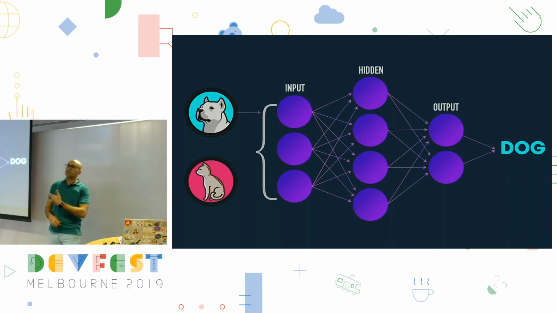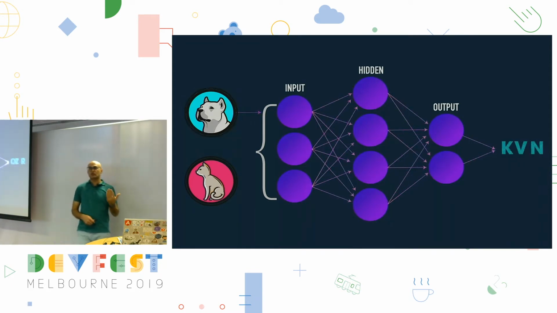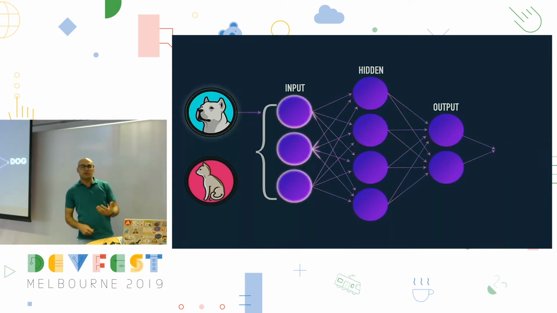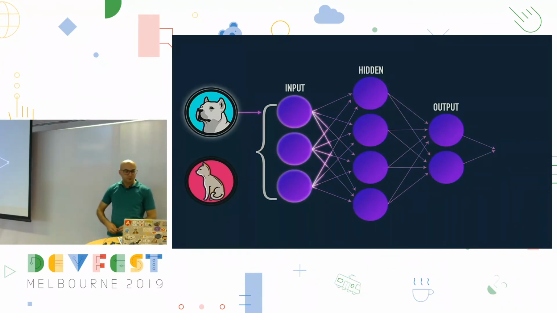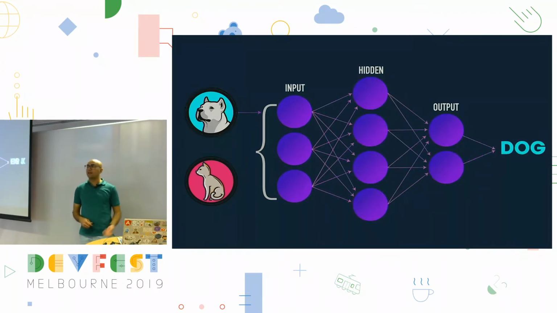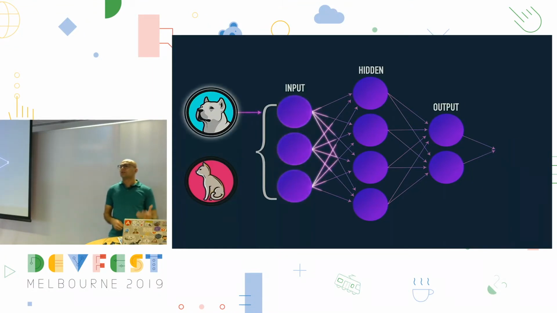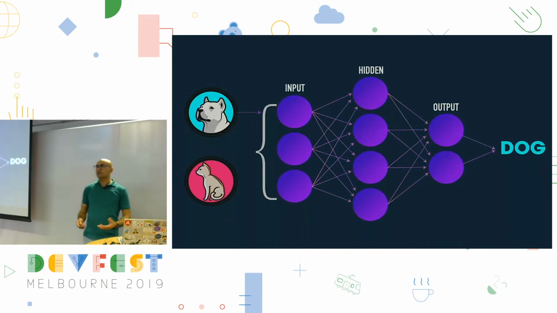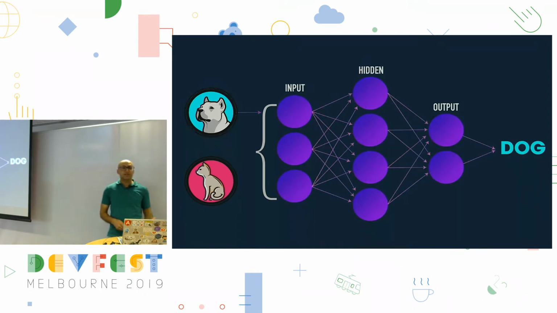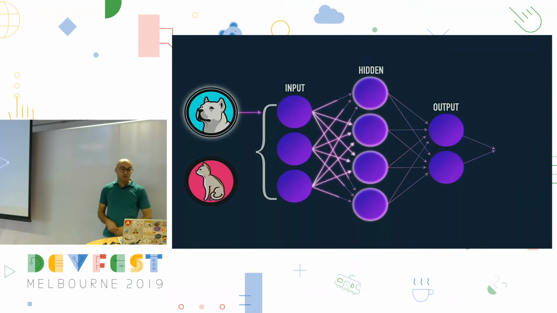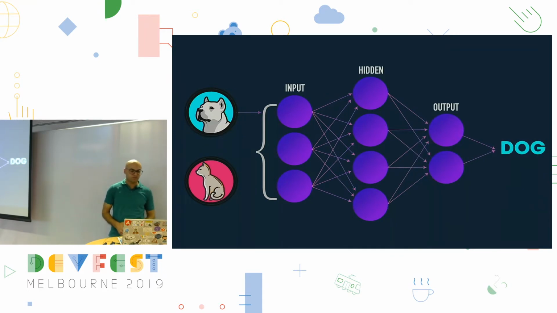So in this case, we are saying, okay, take these two pictures and tell us what it is, and it tells us that that's a dog. Now that's the ideal scenario. You will probably get cat at 99% because you haven't used proper data, and that means that data diversity is really important for machine learning, and we'll see why shortly.